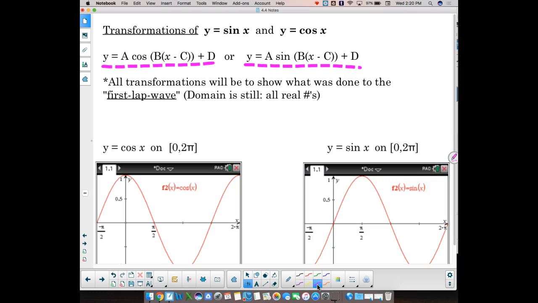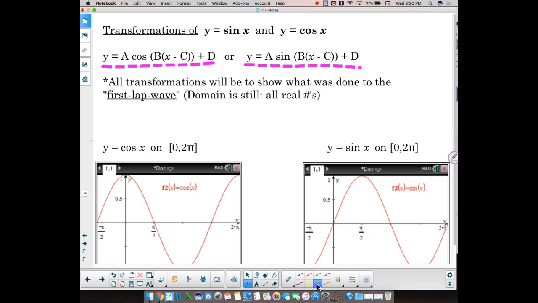All of those different values are going to have different kinds of transformations on your regular cosine and sine functions. Some of them will stretch them horizontally or shrink them horizontally, stretch them vertically, shrink them vertically, shift them horizontally, shift them vertically.